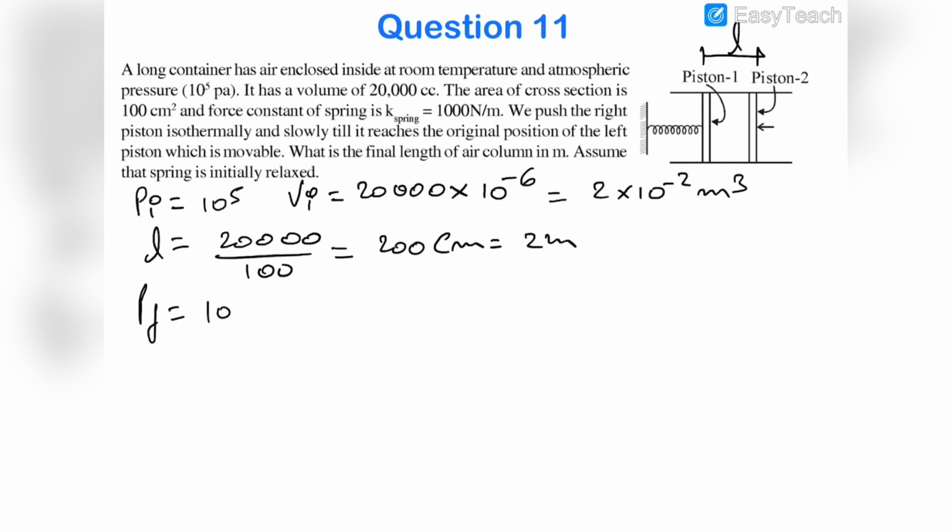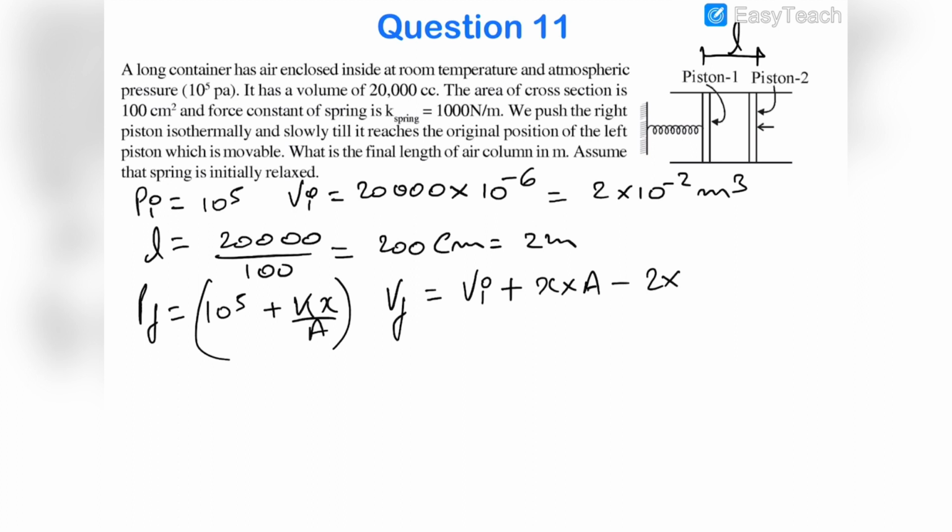So atmospheric pressure is 10 to the power 5 plus spring force kx divided by area, and the final volume will be equal to the initial volume plus the additional length this piston has moved out. We are assuming that this piston moves out by a distance of x. So the increase in volume would be x into area, and if this piston moves in by a distance of 2 meter, the decrease in volume will be minus 2 into the area.